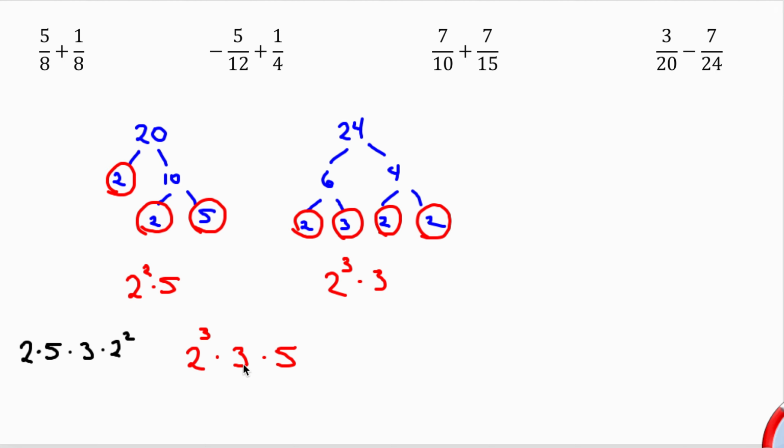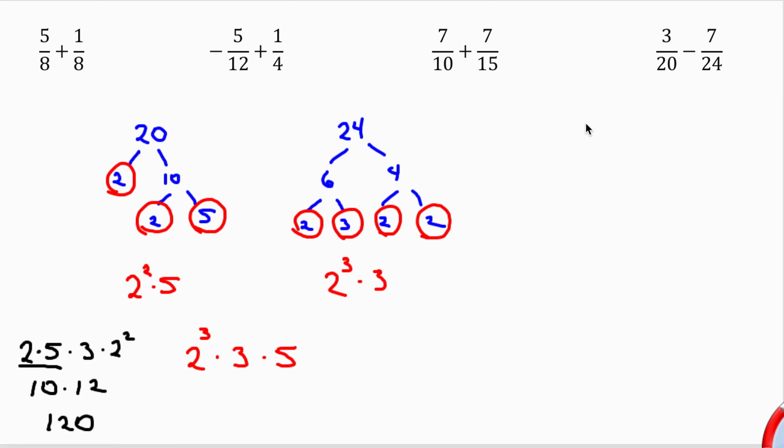Does that make sense? Here's my 3. Here's my 5. But all of these 2's, I split them apart and put 2 of them over here and 1 over here. Right? That's still 3 2's, but now I can tell that this is 10 times 3 times 4 is 12 for 120.